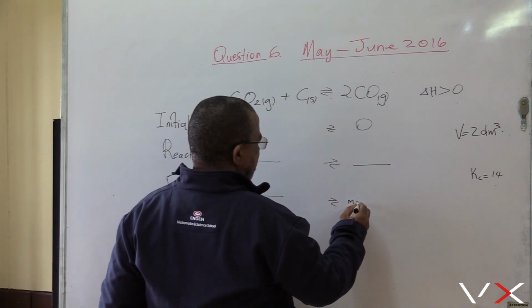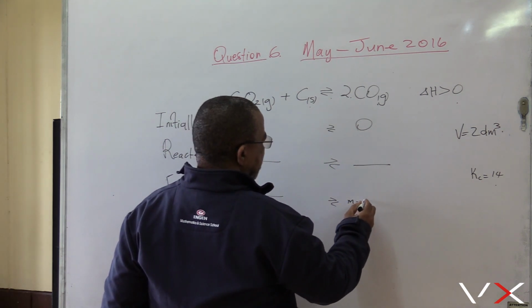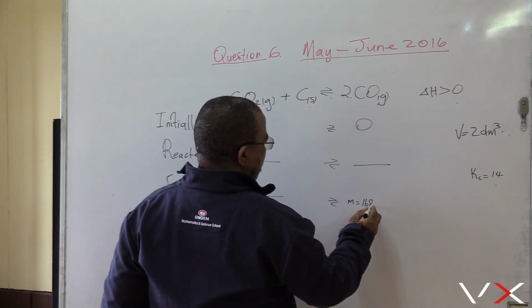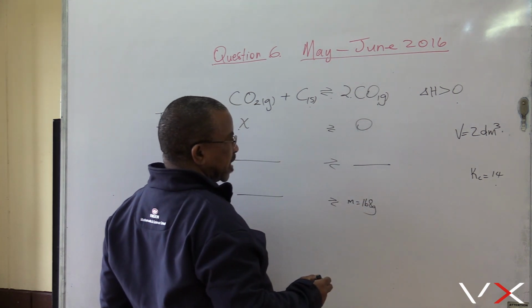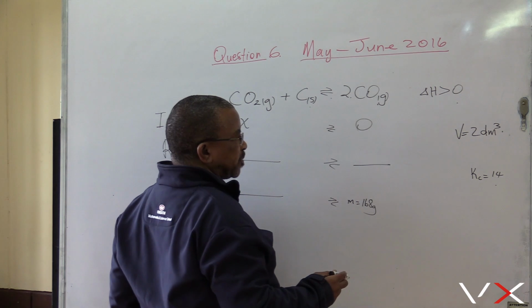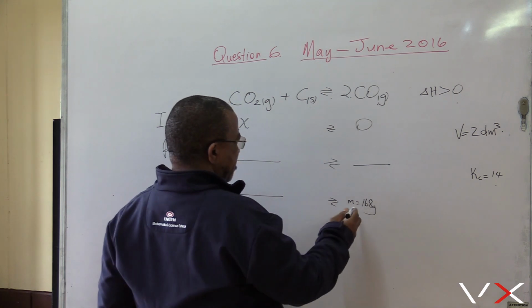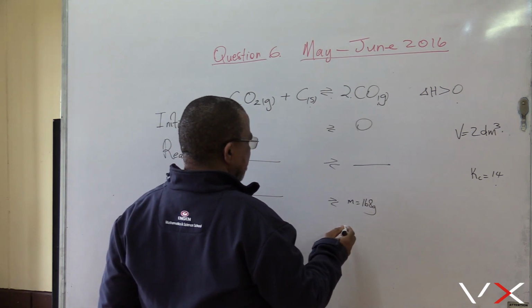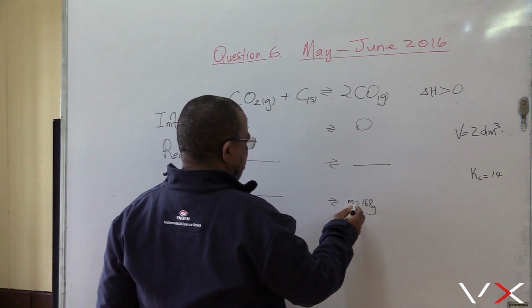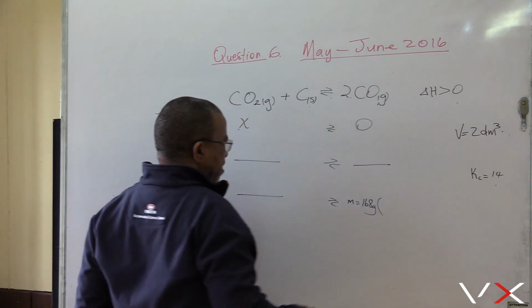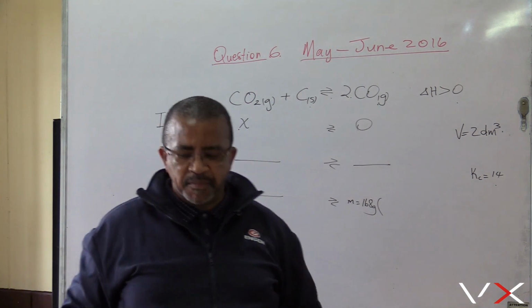So the mass is 168 grams of carbon monoxide. So we have to convert mass to number of moles.